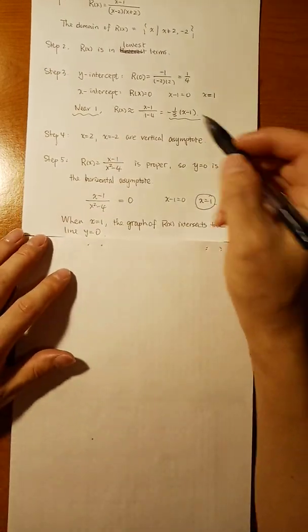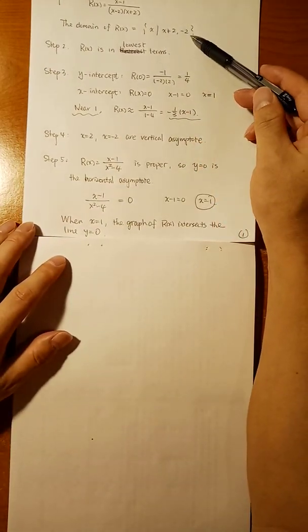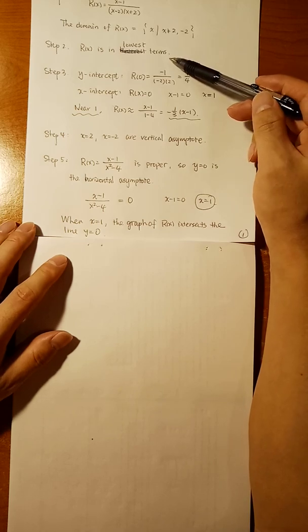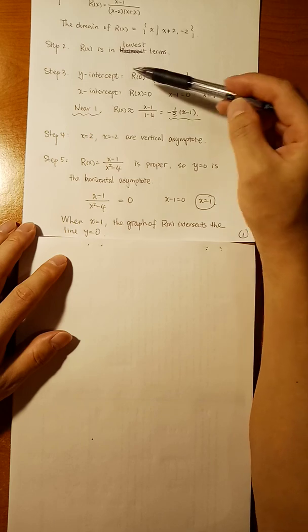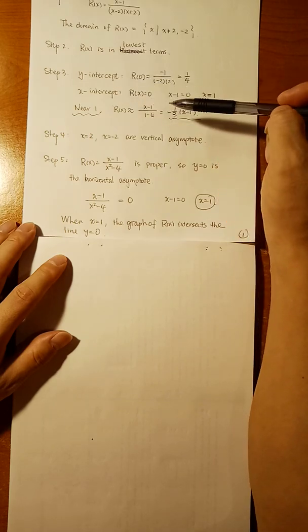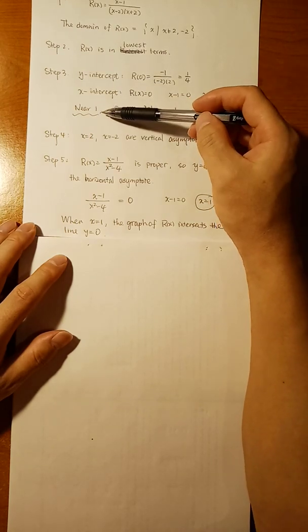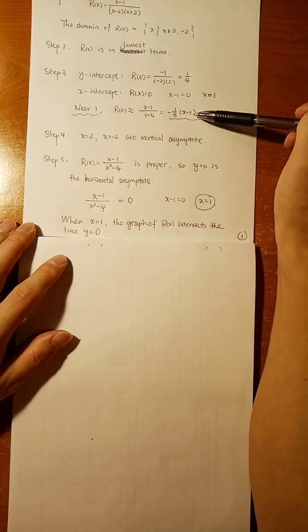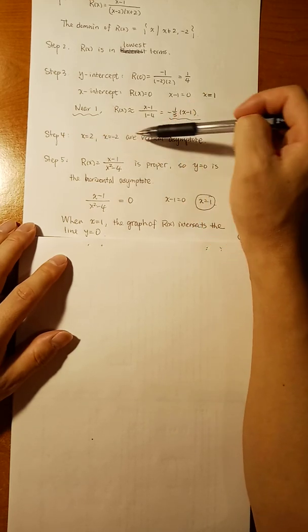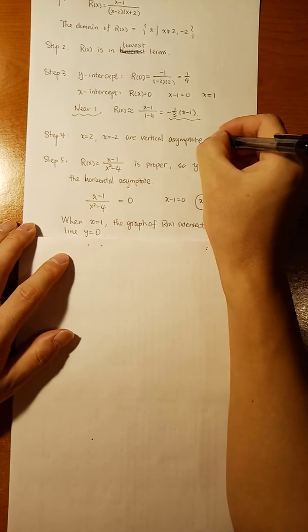That's all the steps we have so far. In the first step, we determine the domain. Second step, we make sure it is in lowest terms. Third step, we get the x-intercept and y-intercept, and we also study the behavior near the x-intercept. Fourth step, we get the vertical asymptotes. There are two.